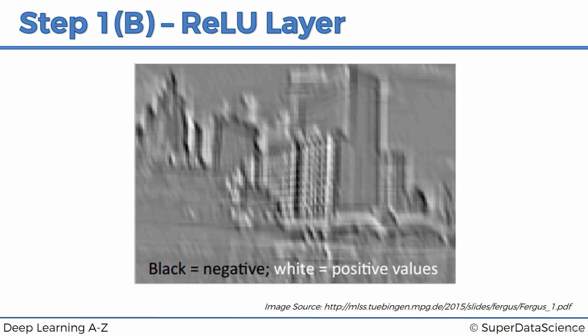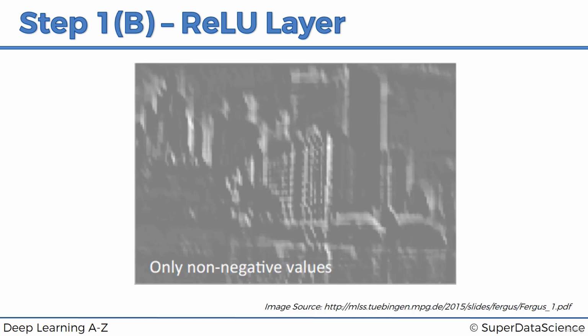Here, the black ones are negative, white ones are positive. And what a rectified linear unit function does is it removes all the black. Anything below zero turns into zero. And so from this, it turns into this, right?